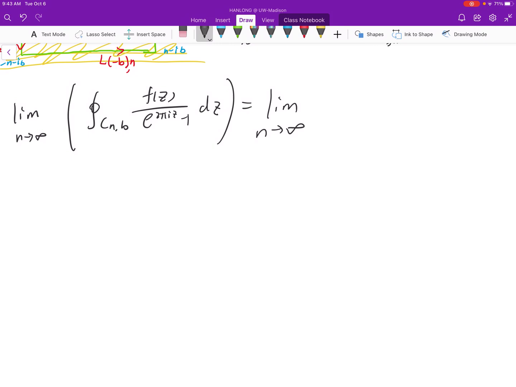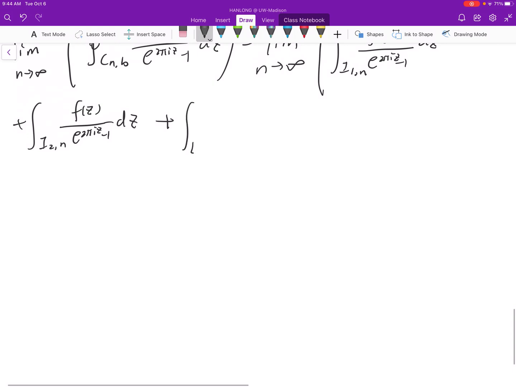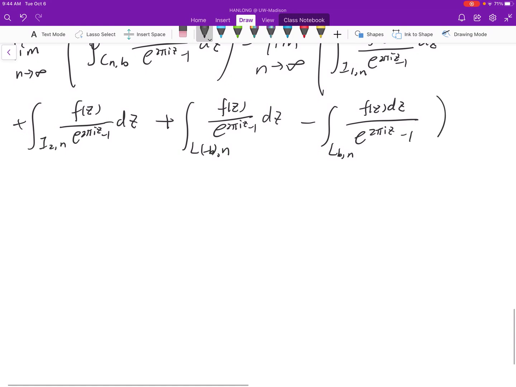It's the limit when n goes to infinity of the integral over I1n of f(z) divided by exponential 2 pi i z minus 1 dz, plus the integral over I2n, same thing, plus the integral over L minus b n of f(z) over exponential 2 pi i z minus 1, minus the integral over L b n of the same.